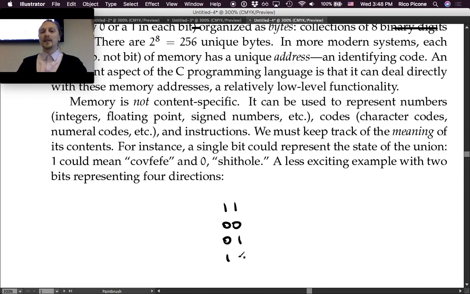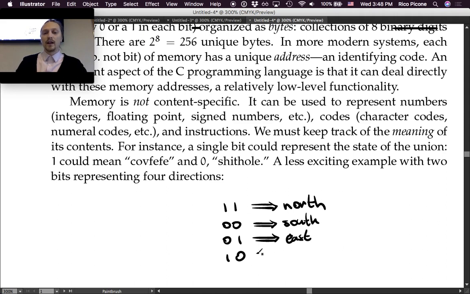So 4 possibilities, and we could say that 1, 1 represents north. 0, 0 might represent south. 0, 1 might represent east. And 1, 0 might represent west. Nobody knows what you've chosen for that bit to represent, or 2 bits to represent. So you have to keep track for yourself what they are.